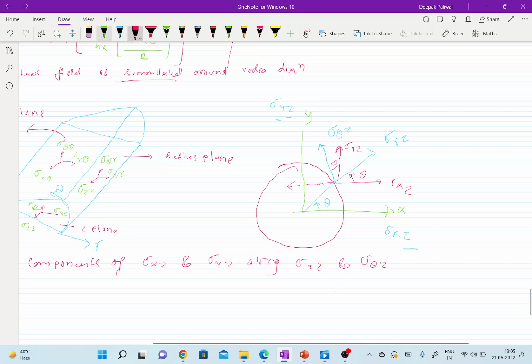Okay, I am writing with different color so that it would be easily visible. Along sigma rz, this is sigma xz cos theta, and for this one, sigma yz sin theta.